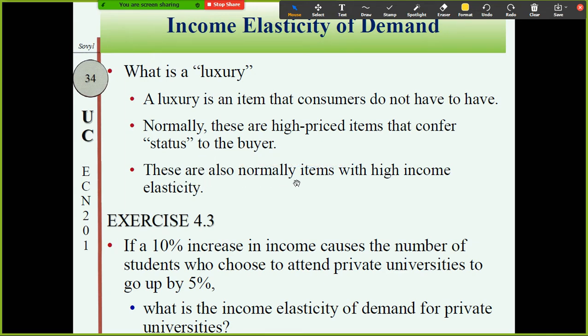These are also normally items with a higher income elasticity. That's why for a luxury car, income elasticity must be elastic. So when talking about income elasticity, it must be bigger than 1, higher income elastic. Okay, you can do the exercise on your own. I'm not reading it for you.